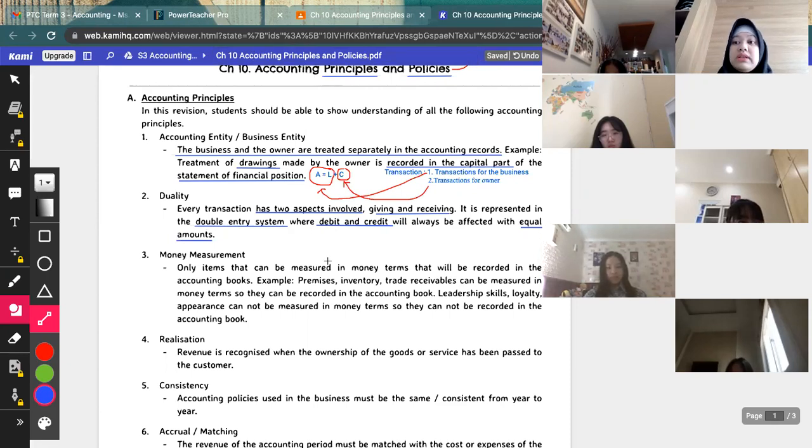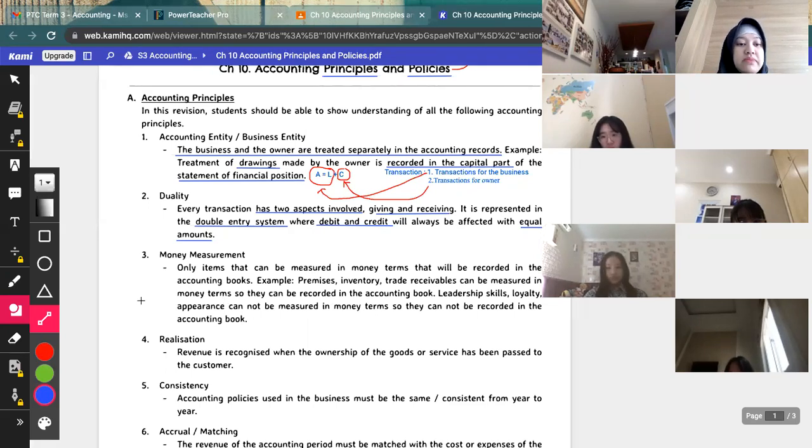Okay, so that is duality. Every single transaction will affect debit and credit to be equal. Yeah, that is duality. Clear? Any question?